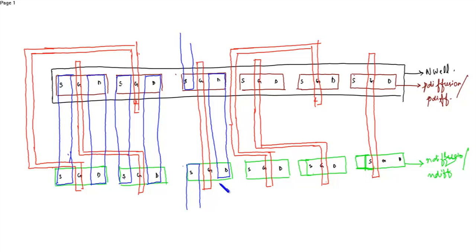Now this is also a transmission gate. So the sources are connected, and the drains are also connected. This is also a transmission gate.